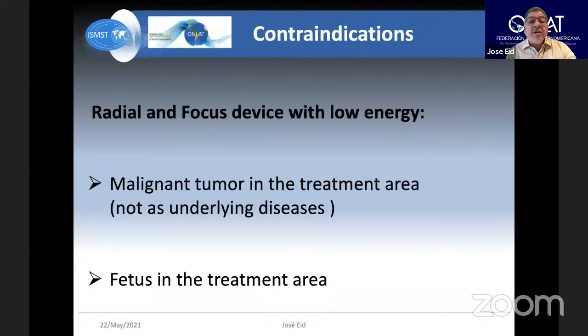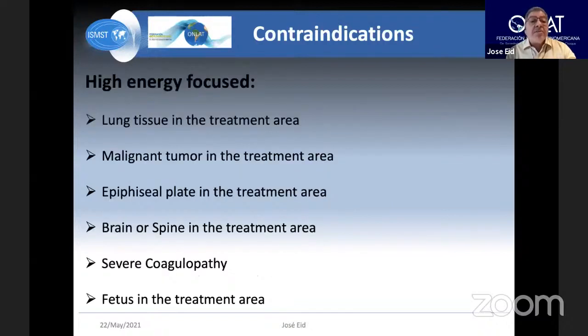The radial and focused low energy device is contraindicated in patients with malignant tumor in the treatment area, not as underlying disease, and fetus in the treatment area. These are the two topics of contraindication that we recommend.